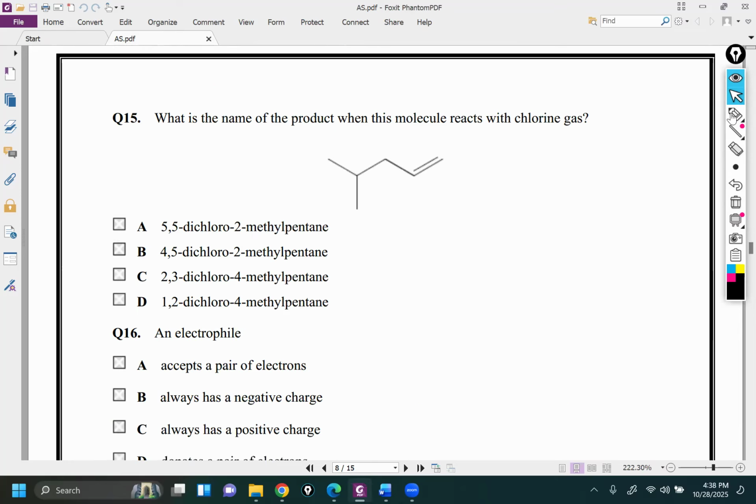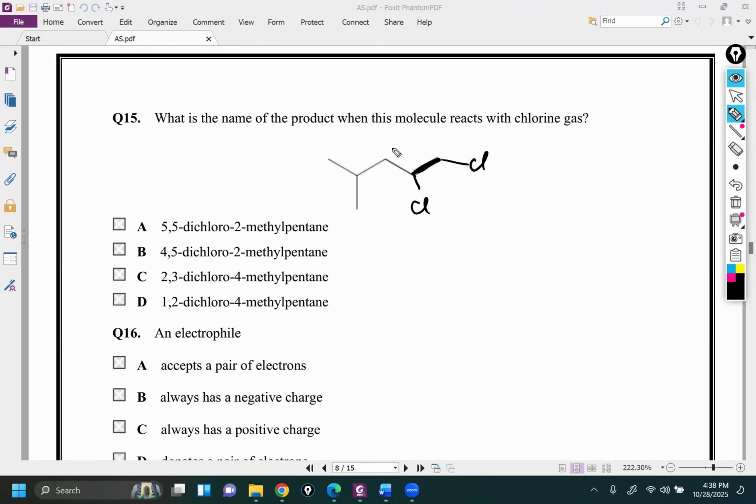Question number 15, this question is about an alkene, so when it reacts with chlorine, one chlorine will come here and one chlorine will come here. When the chlorine attaches to both carbons of the double bond, one chlorine will be here and one here, and the bond will become a single bond.